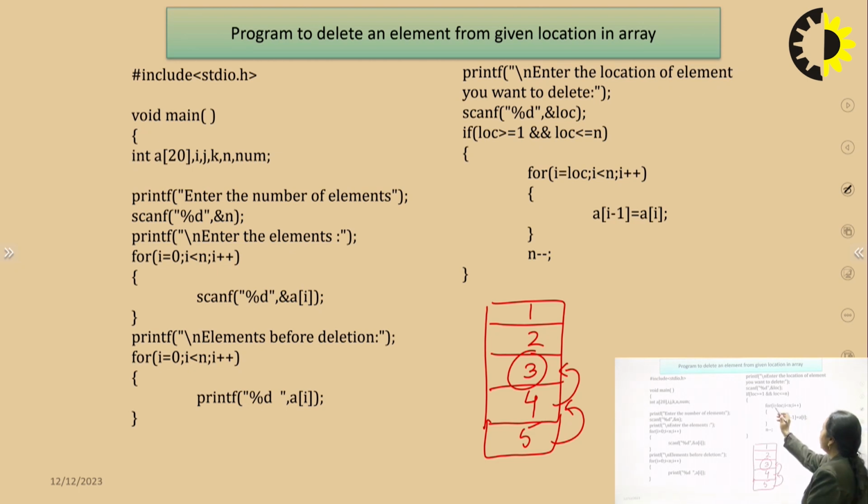So here it is written, starting from the location, less than n, what I am doing? A[i-1] is equal to A[i]. So when this statement is executing, 4 is shifted to 3, 5 is shifted to 4 and finally n minus minus. Length is reduced. So finally, after doing the shifting process, I will print the array.